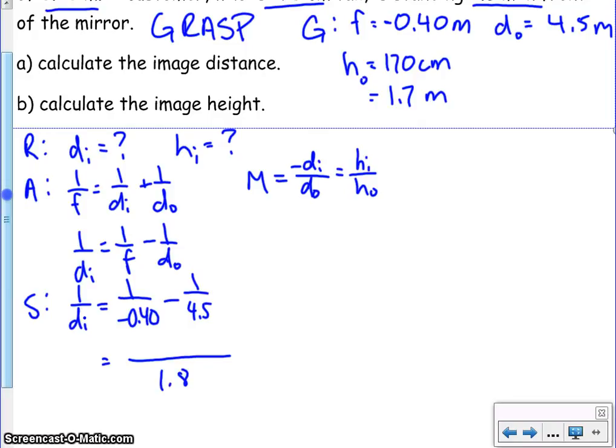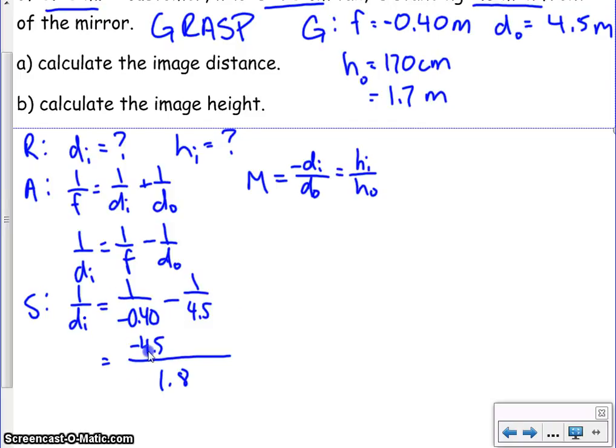Now, to get from 0.4 to 1.8, I had to multiply by the 4.5, so that's what I'm going to multiply the top number by. 1 times 4.5 is negative 4.5. I made this top number negative because my denominator is now positive, so I've transferred the negative up to the 1.